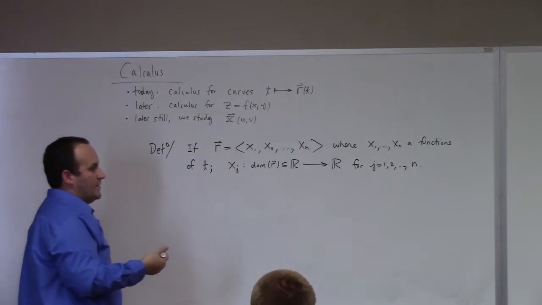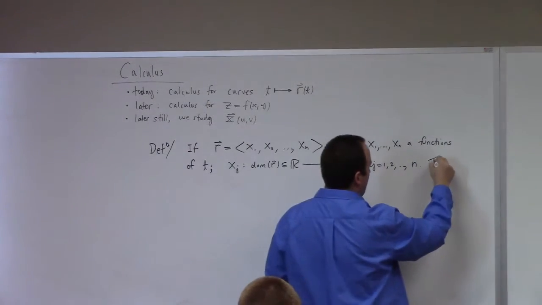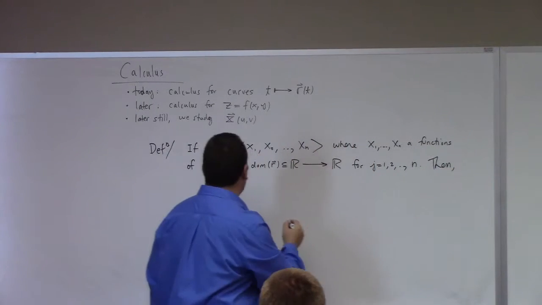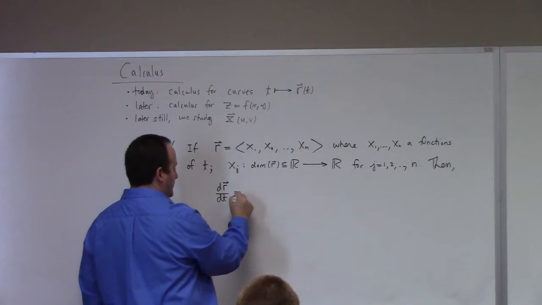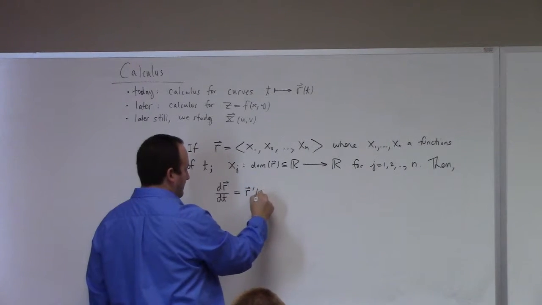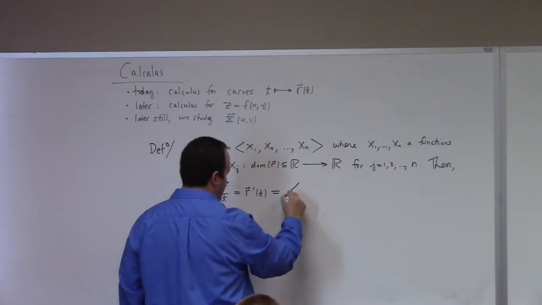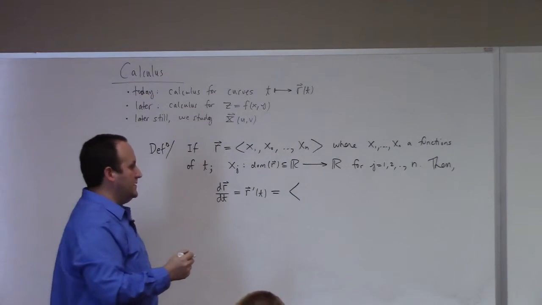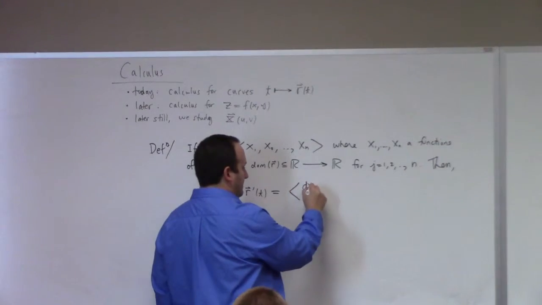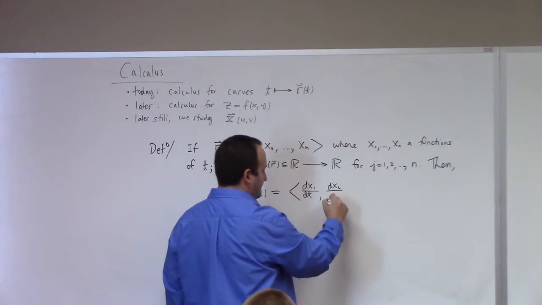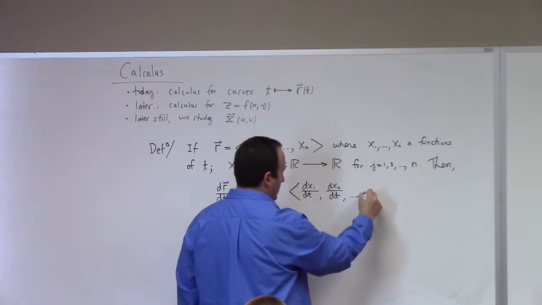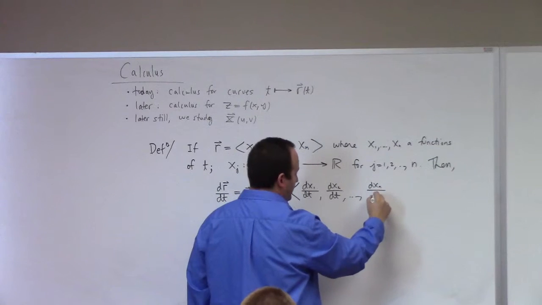Given that setup, dr/dt, which will also sometimes be denoted r prime of t, is simply the following. It is (dx1/dt, dx2/dt, all the way out to dxn/dt).